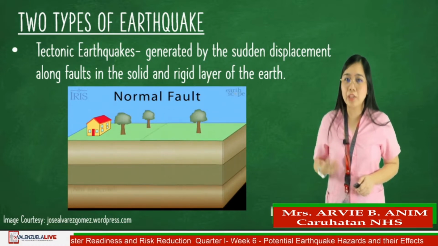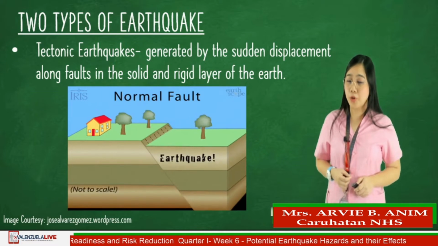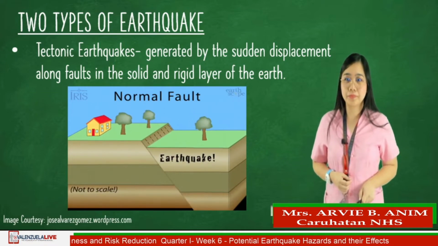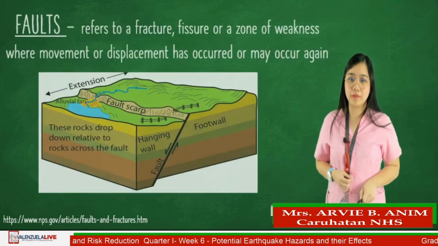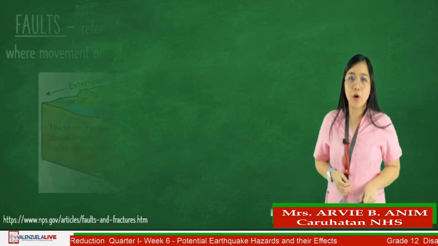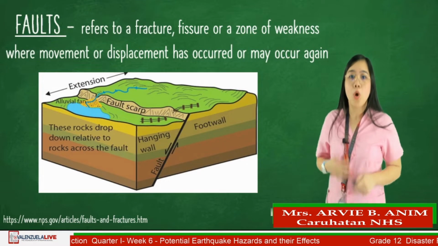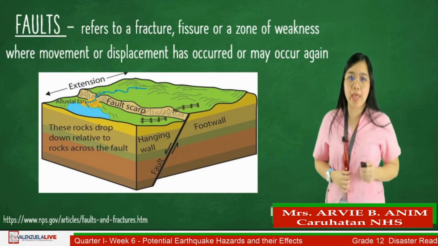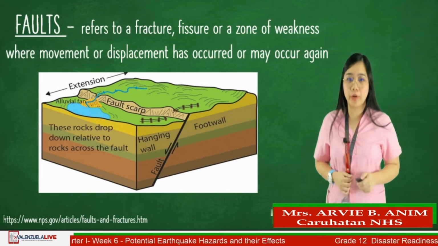Since we have mentioned faults, do you know what a fault is? It refers to a fracture, fissure, or zone of weakness where movement or displacement has occurred or may occur again.